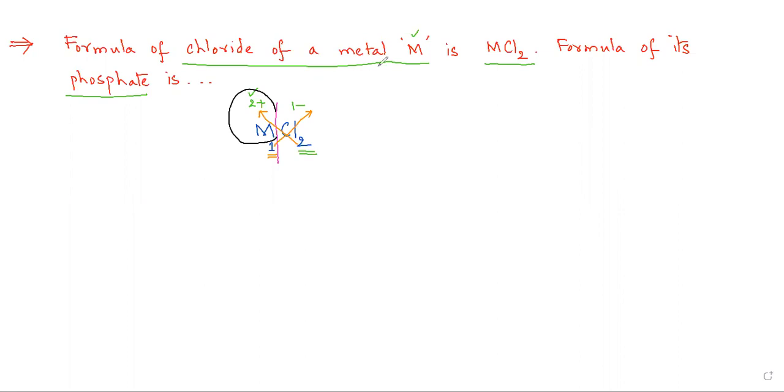Now the formula of chloride ion is, of course, this. From this, it is very clear that the formula of metal ion is M+2 and the formula of chloride ion is Cl-. Simple. Take this here, take this here. Right. Now, because they are asking you to write the formula of the phosphate of the same metal, consider this now. Take this into consideration.